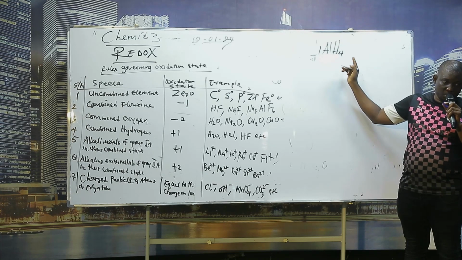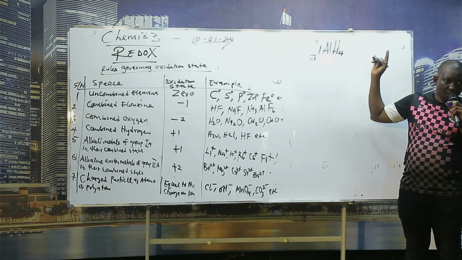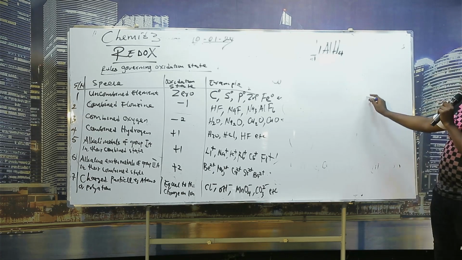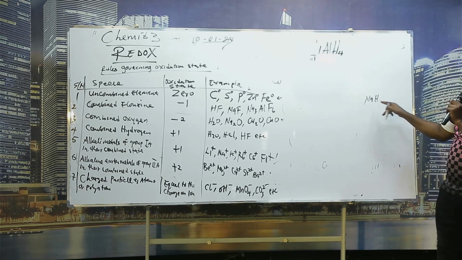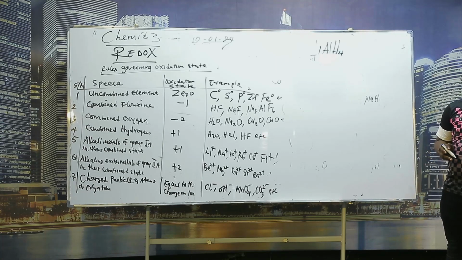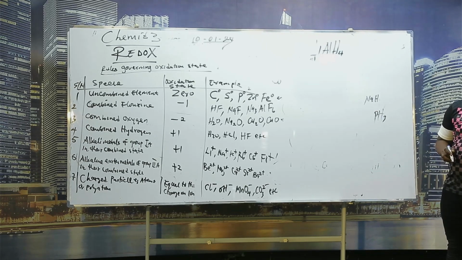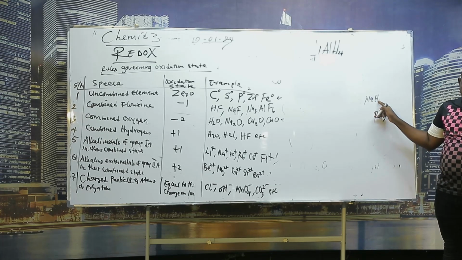Whenever hydrogen combines with an element whose ending is IUM, if you see something like NaH, what will be the oxidation state of hydrogen in this case? Is it +1 or -1? In this case, hydrogen is what? This is sodium hydride here.